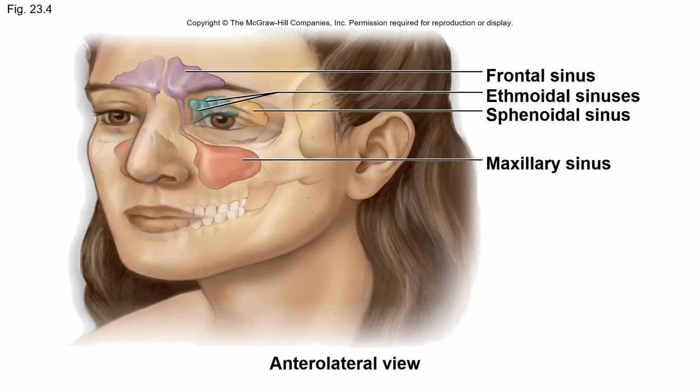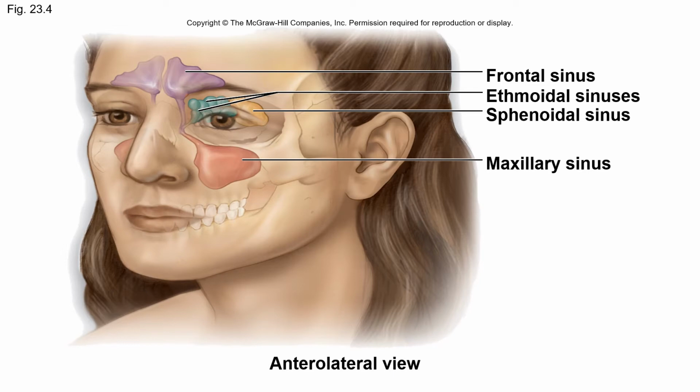Okay, on all sides of the nasal cavity, we find heavy areas of bone. To lighten those bones a little bit, evolution has given us, for better or worse, these empty spaces in our bone called sinuses.